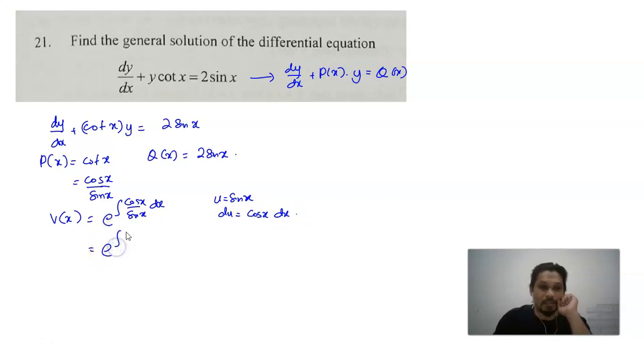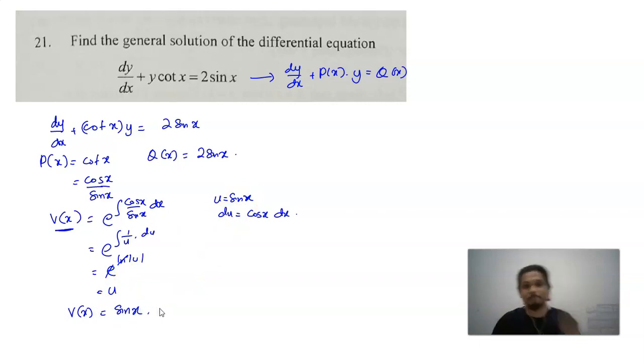The integral of 1 over u gives e to the natural log of u. The e and the natural log cancel, and the integrating factor V(x) equals u, where u equals sine x.